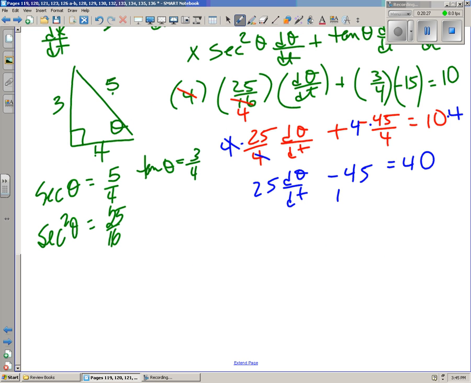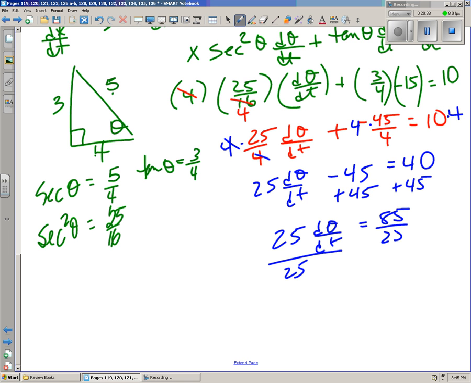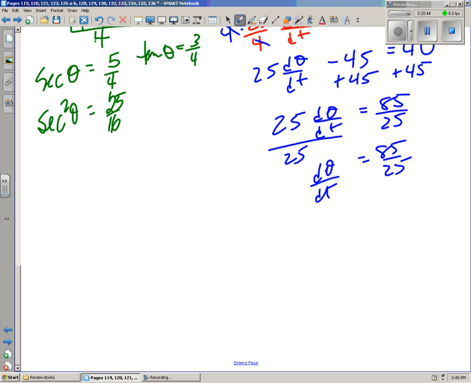Now it's easy to solve for. So we get 25 d theta over dt equals 85. Divide by 25. d theta over dt is 85 over 25, which if you divide out by 5, reduces to 17 over 5 radians per hour.